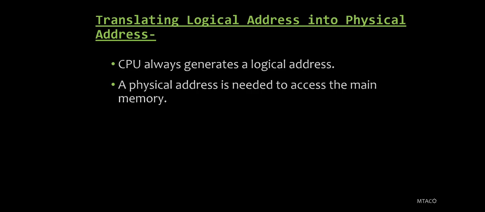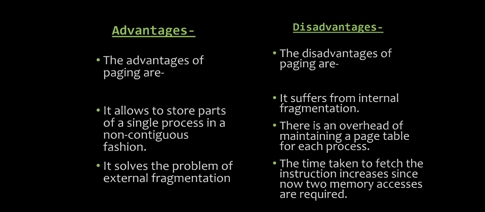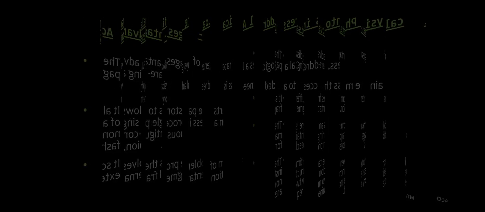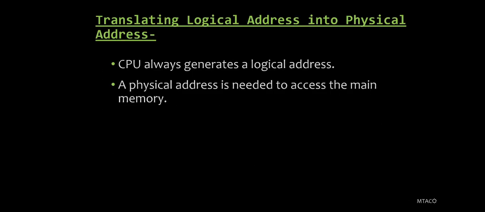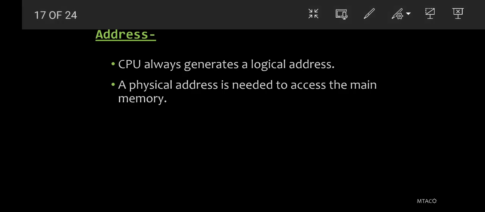So next is translating your logical address into your physical address. Your CPU always generates a logical address. A physical address is needed to access your main memory. So that's why you have to convert your logical to your physical address.